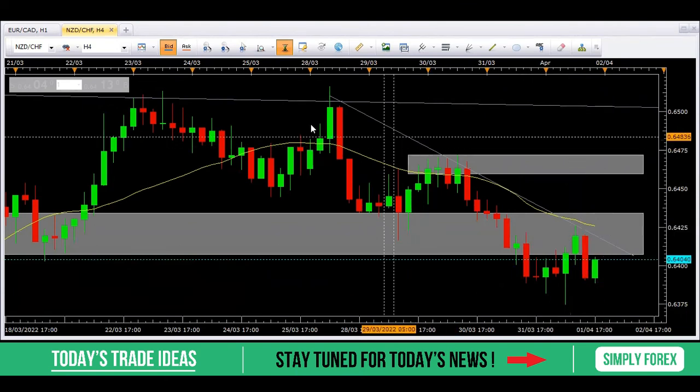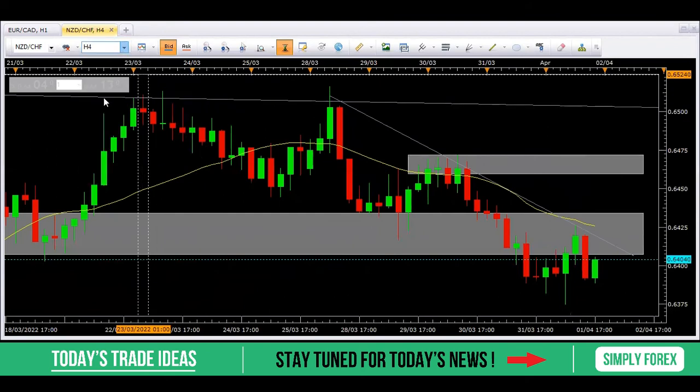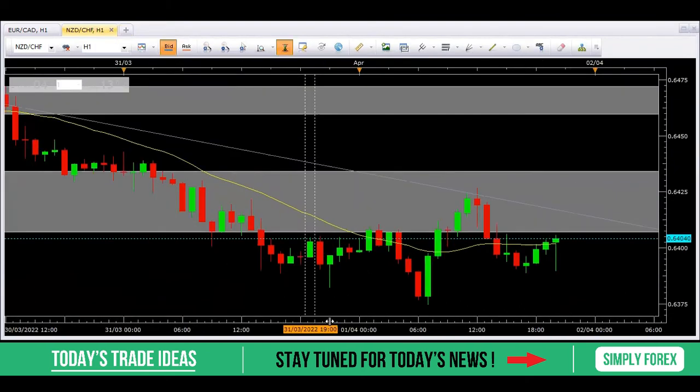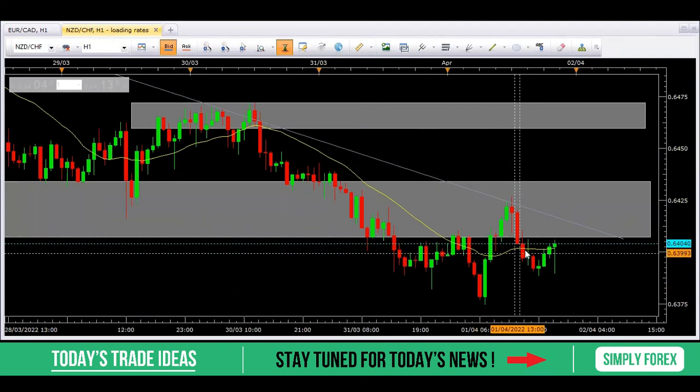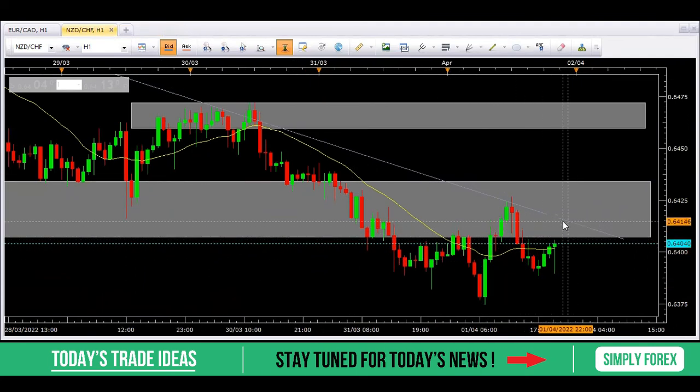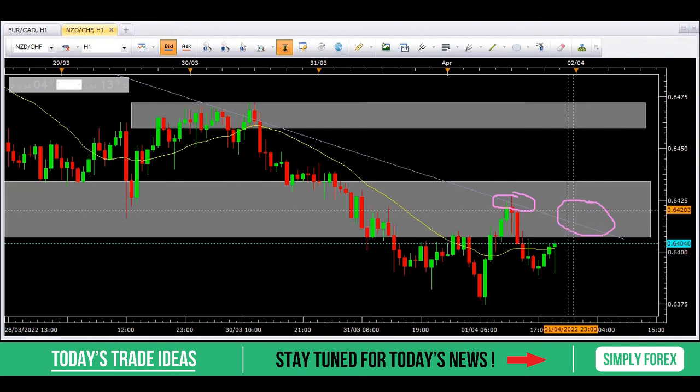So let's look at H1 for execution. Guys, we want to see price retrace up into this grey zone. It could come back up to these highs here, but we want to see a bearish candlestick pattern form in this grey zone.